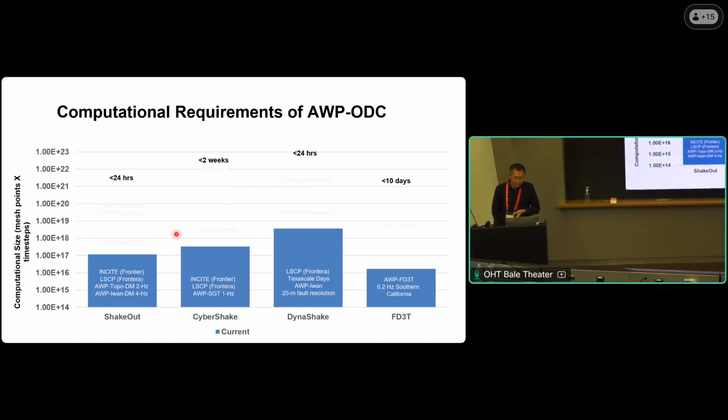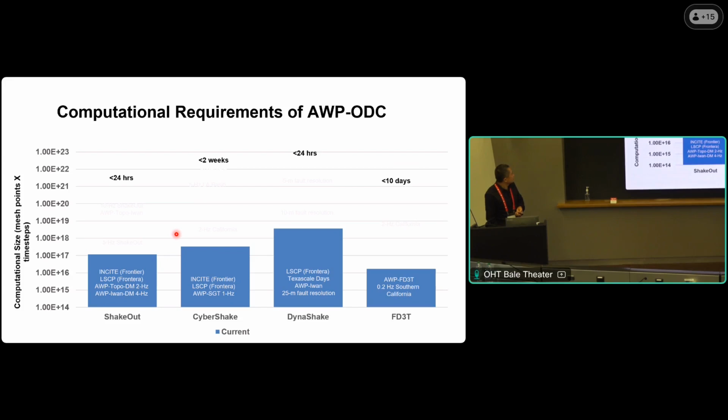And DynaShack is something I've called a dynamic rupture modeling code we ran last year at TACC and on the Frontier machine. That's basically the current status. We see the computation requirement is mesh size, NX, NY, NZ, multiplied by the time steps.